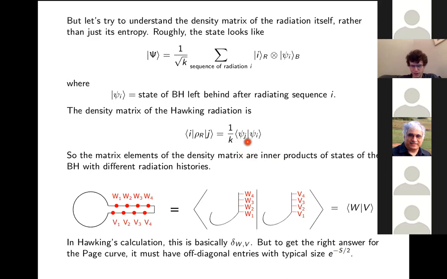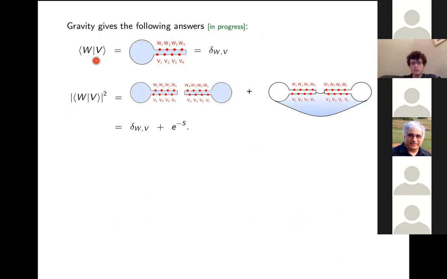So somehow the inner product of these things has to be complicated. Okay. Now we can just try to compute these inner products in the gravity theory. So if we compute the inner product of W with V, then we just start with this time contour here, and we need to fill it in some way.